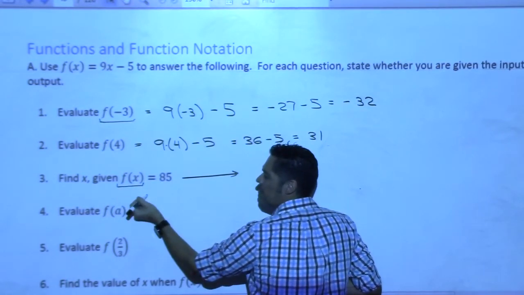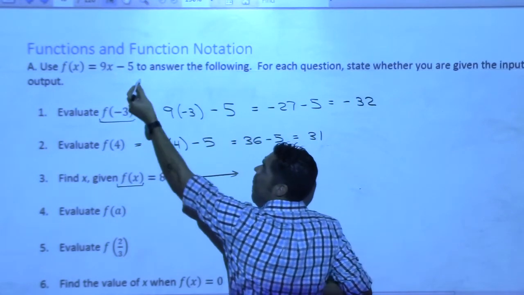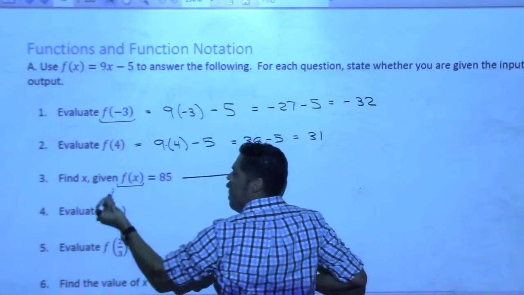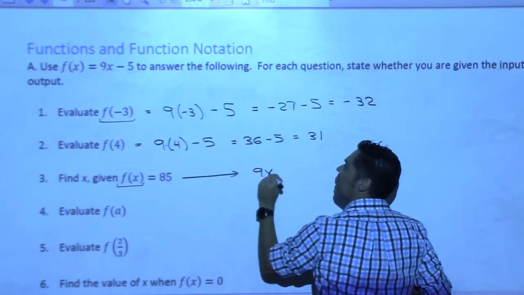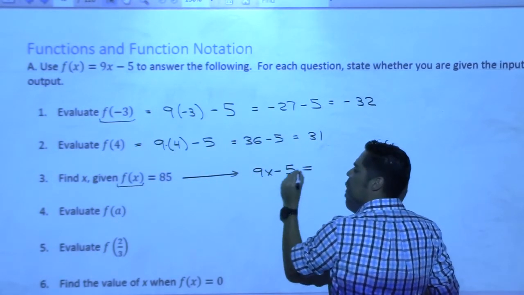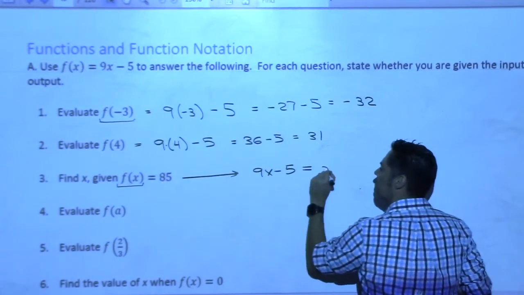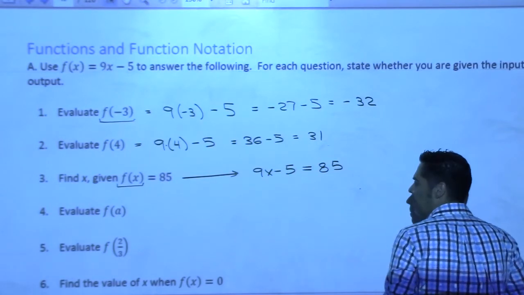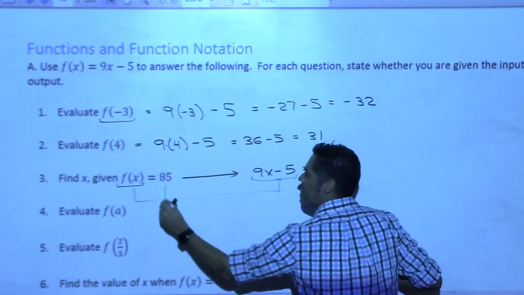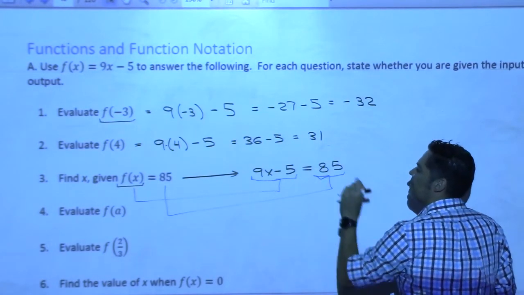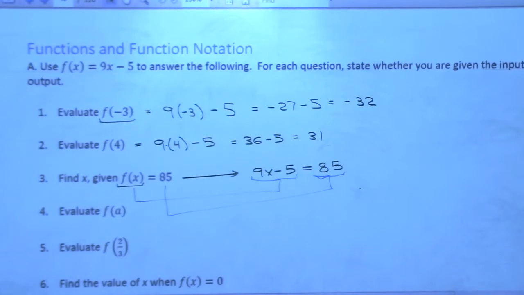Isn't f of x that right there? So can't I just write 9x minus 5 equals 85? Did y'all see what I did? I'm just rewriting this. This is that, and this is that. And now we're going to solve this equation for x.